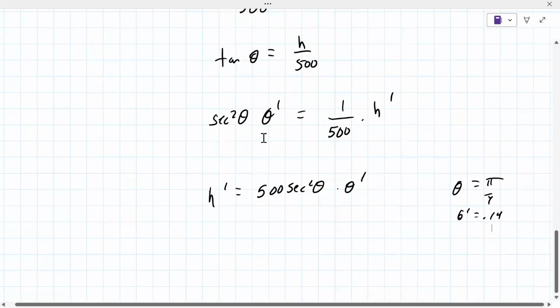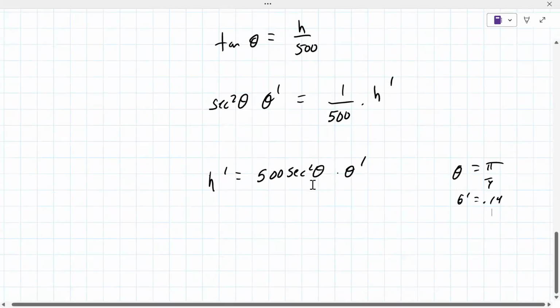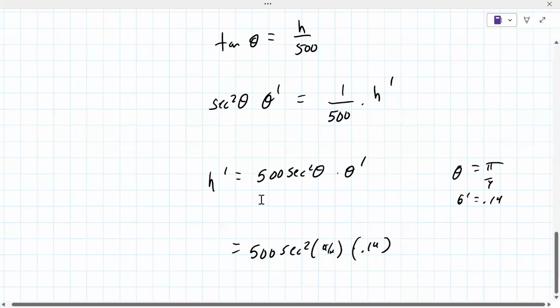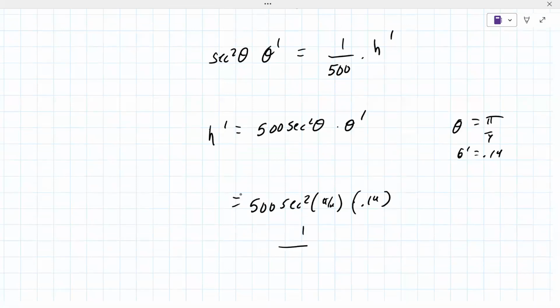So H prime is 500 secant squared pi over 4 times 0.14. Are you generally allowed to use a calculator on these? Yes. Okay. So most calculators don't have a secant, but you can do 1 over cosine squared pi over 4.